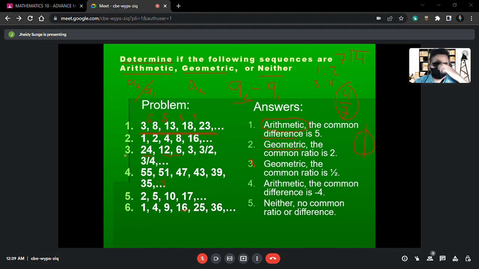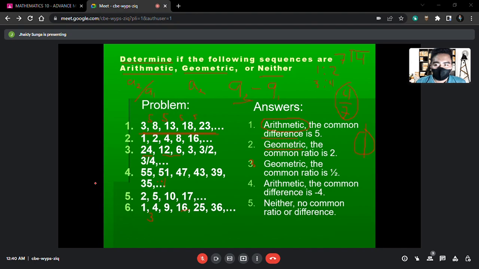So let's look at the first terms first. The first term is 1, the second term goes to 4, then from 4 it increases by 9, and the 9 increases by 16. From 1 to 4, it was added by 3.